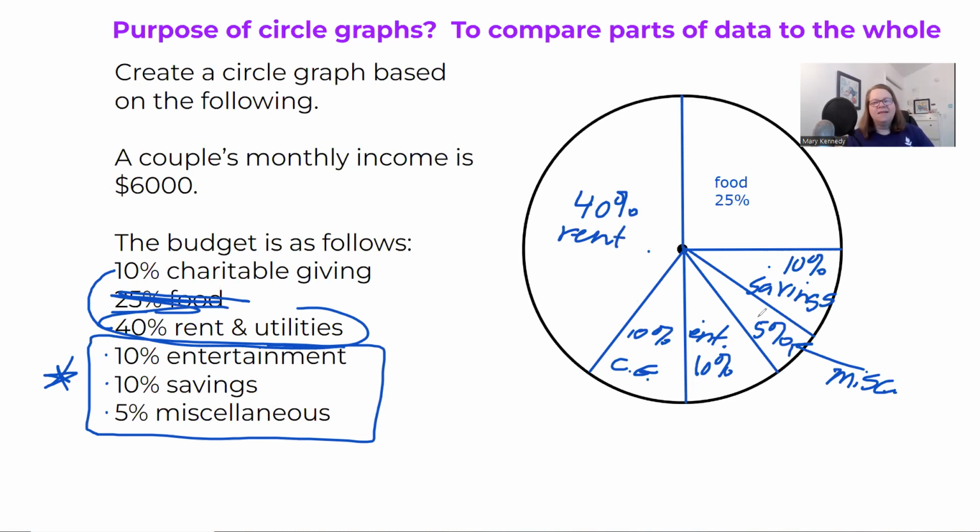So this gives us a really nice visual. I mean, now that it's done, I can see at a really quick glance, most of their money is going toward the rent, to paying for where they live, right? But they do spend a really good chunk of the circle, a good chunk of their money on food, groceries, eating out, things like that.